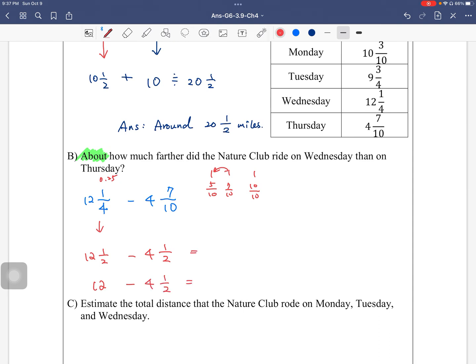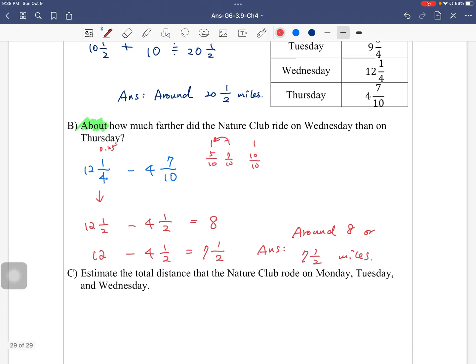So 12 minus 4 and a half is 7 and a half, and 12 and a half minus 4 and a half is 8. So it's around 8 or 7 and a half miles further on Wednesday than on Thursday.